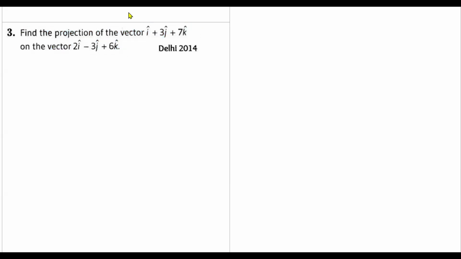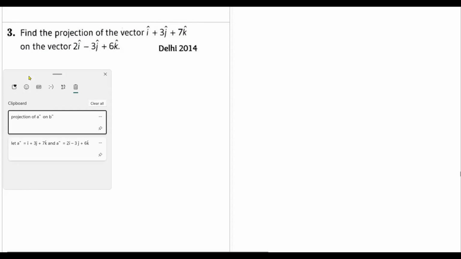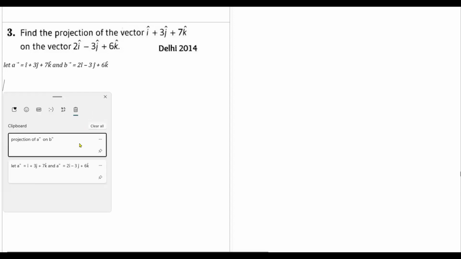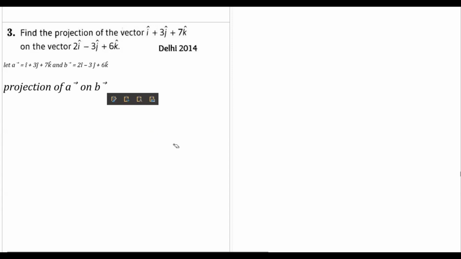So we have to get the projection of one vector over the other. Let's consider the first vector as vector A and the other vector as vector B. What we know about the projection of a vector along another vector is that the projection of A on B should be A dot B, that divided by B magnitude, since it is on B.